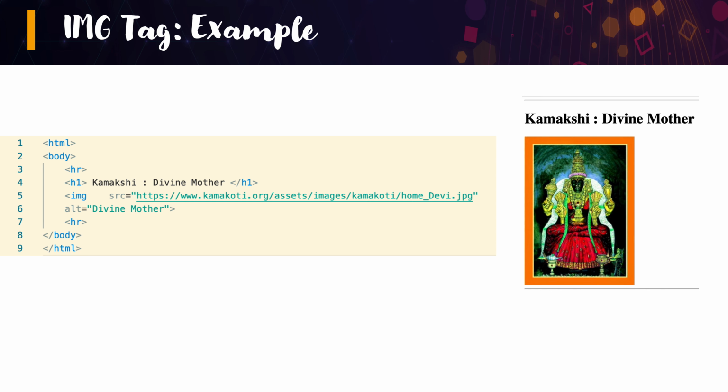This is the same example that we have seen in the previous slide. So the rendering is shown on the right hand side. Just for formatting purposes, I put an h1 tag and a horizontal ruler above and below the image so that it appears nicely. There is a lot more formatting that can be done that we'll learn when we go to CSS.